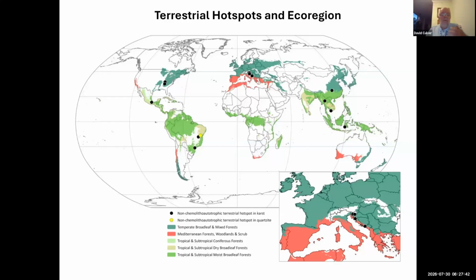And I want to just briefly say a little bit about protection. This simply shows that a lot of these caves are protected either internationally through the UN, or nationally or regionally. Not all, but if you sort of follow along, there's relatively few caves that don't have some protection.